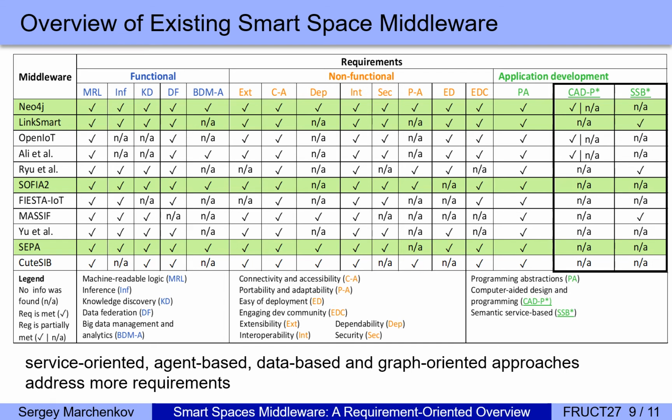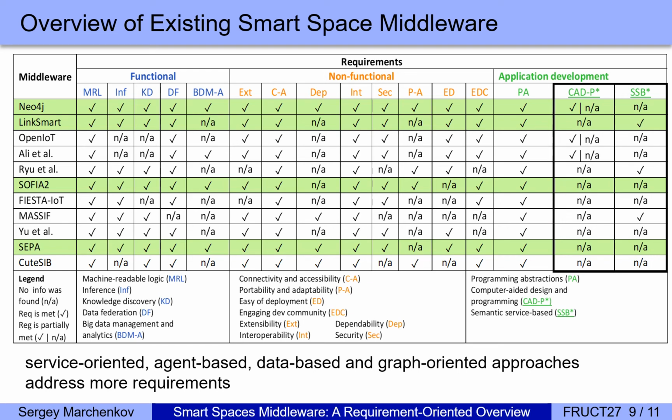Middleware based on these design approaches are LinkSmart, Sophia 2, SEPA, and Neo4j. It is worth noting that some requirements and related research issues remain relatively unexplored, such as semantic services and computer-aided design and programming.